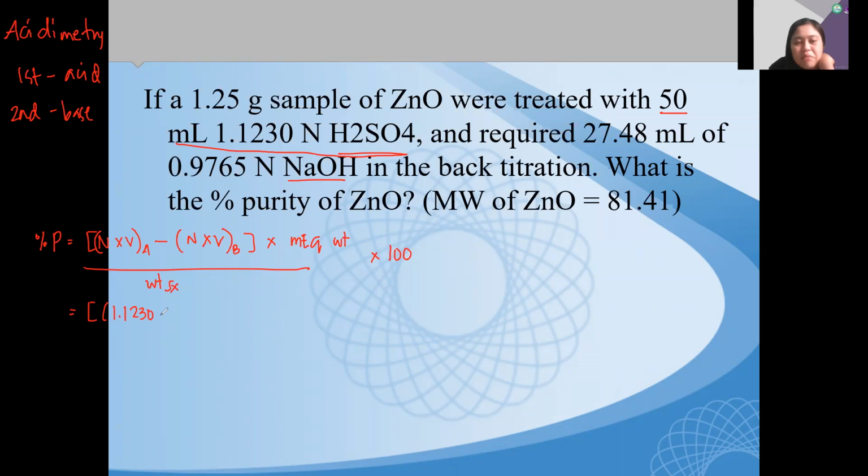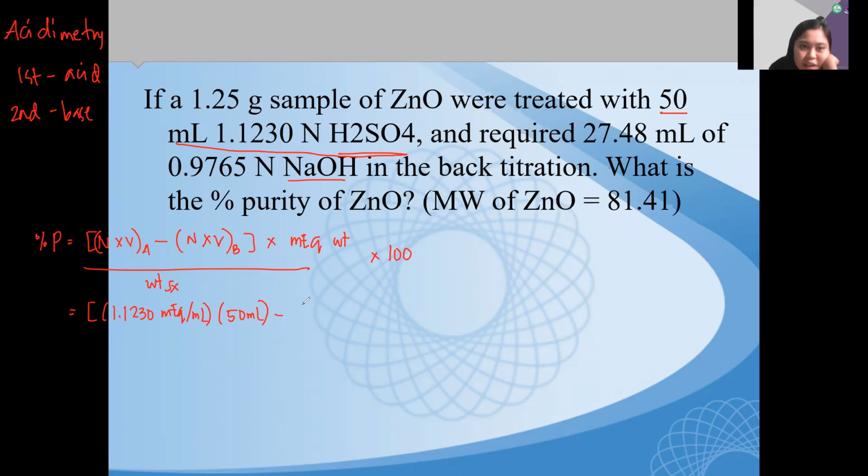normal. Let me just use, this is milli-equivalent weight, okay. So let me just use MEQ per ml times the volume. What's the volume? 50 ml for the sulfuric acid minus the second titrant.